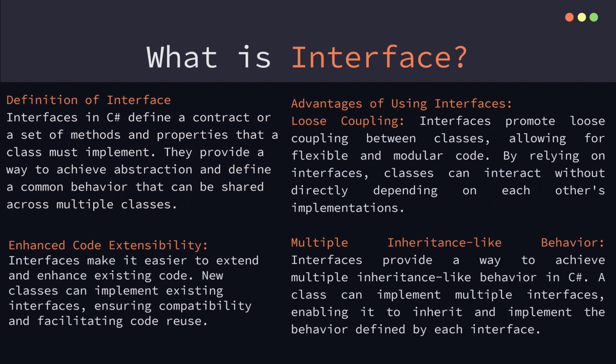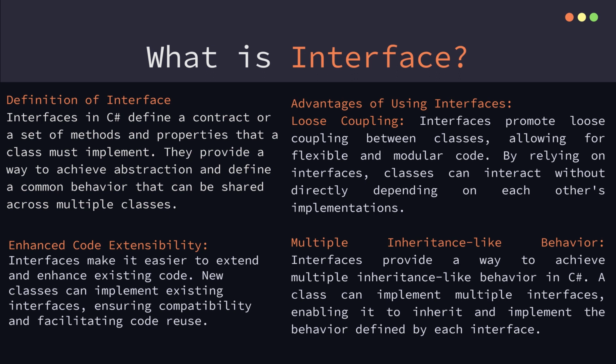Interfaces provide many advantages, of which the first is loose coupling. Interfaces promote loose coupling between classes, allowing for flexible and modular code. By relying on interfaces, classes can interact without directly depending on each other's implementations. Multiple inheritance-like behavior: interfaces provide a way to achieve multiple inheritance behavior in C#.